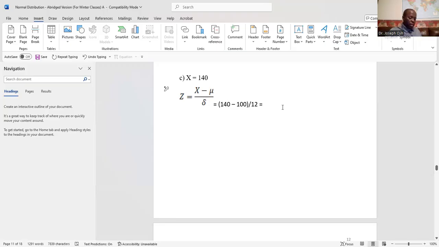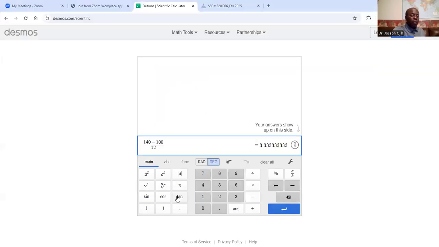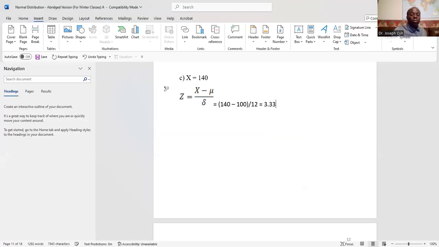So I'm going to the calculator, 140, and it gives me 3.33. So it's no longer 140, it has now transformed to 3.33.